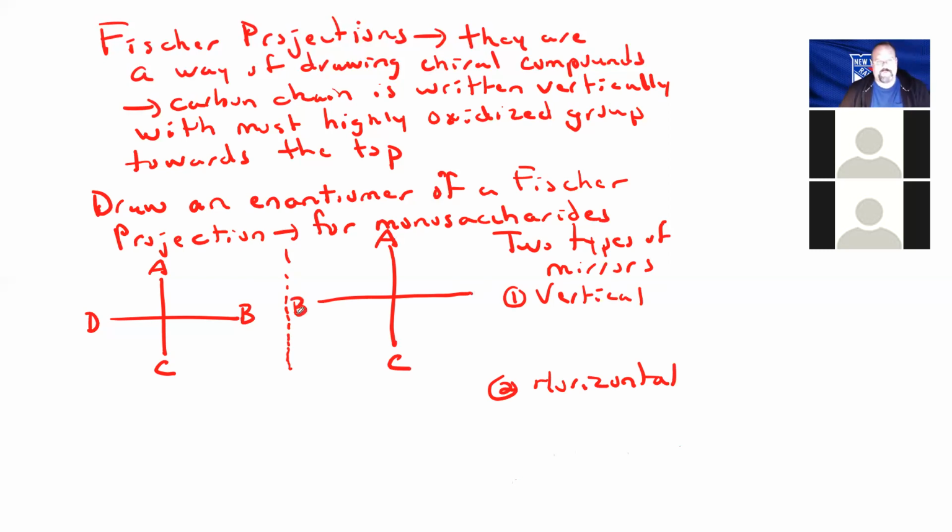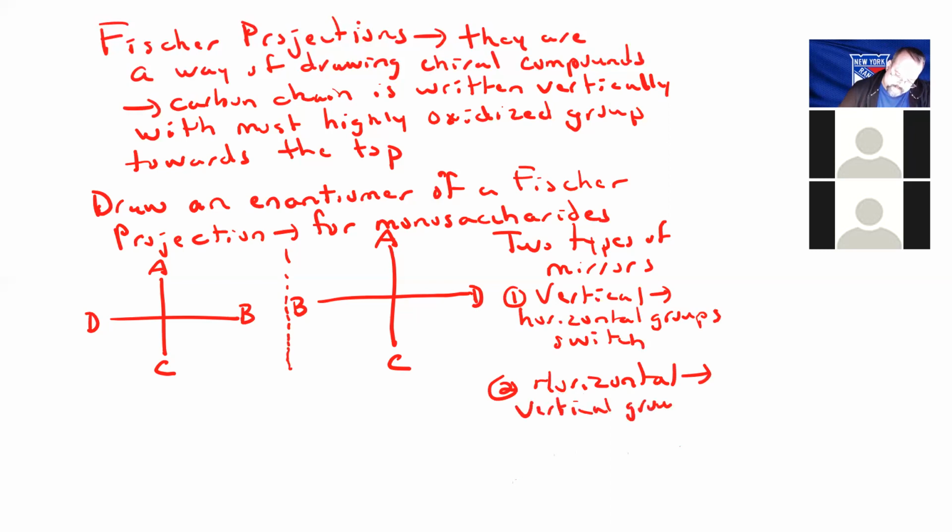B would go from the right to the left, and D would go from the left to the right. So with the vertical mirror, the horizontal groups switch. On the other hand, with the horizontal mirror, the vertical groups switch.